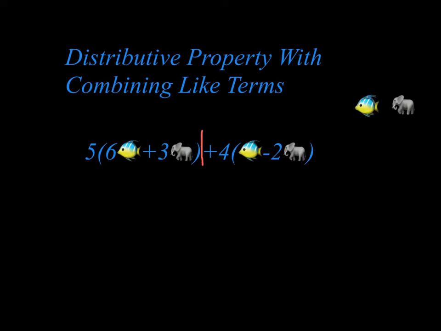Distributive property states that I'm going to take the number outside parentheses and multiply it by the terms inside parentheses.